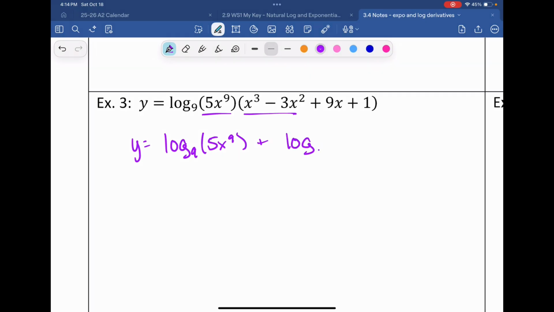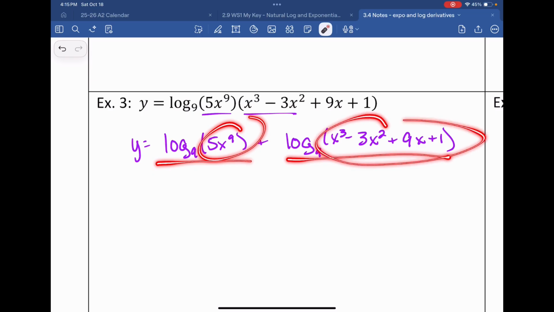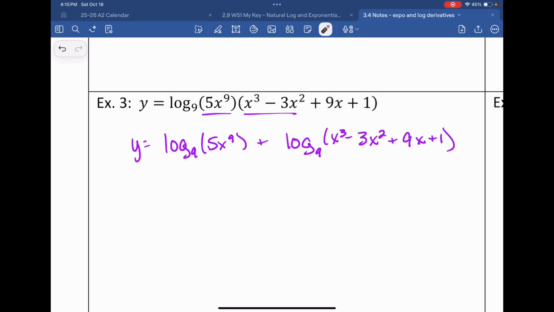So remember from logarithms, when we'd ask you to condense and you get something like this, you would take the arguments and multiply them together. Now I'm asking you to expand, so addition.